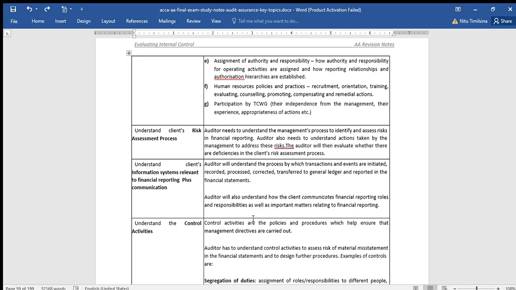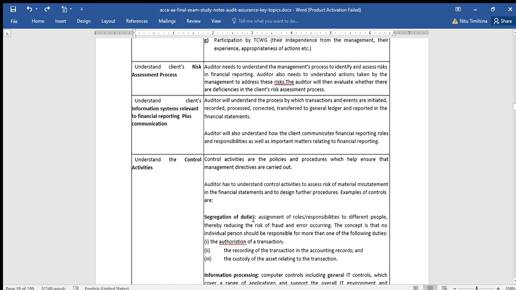Okay. Third component is understand client system relevant to financial reporting plus communication. Auditor will understand the process by which transactions or events are initiated, recorded, processed, corrected, transferred to general ledger and reported in the financial statement.